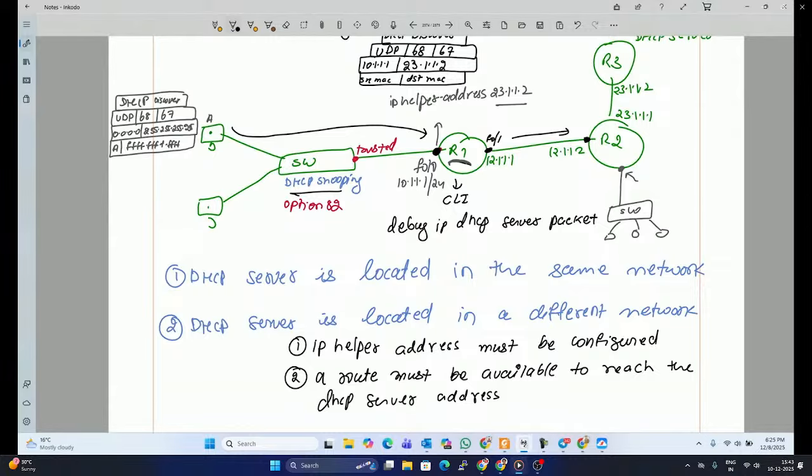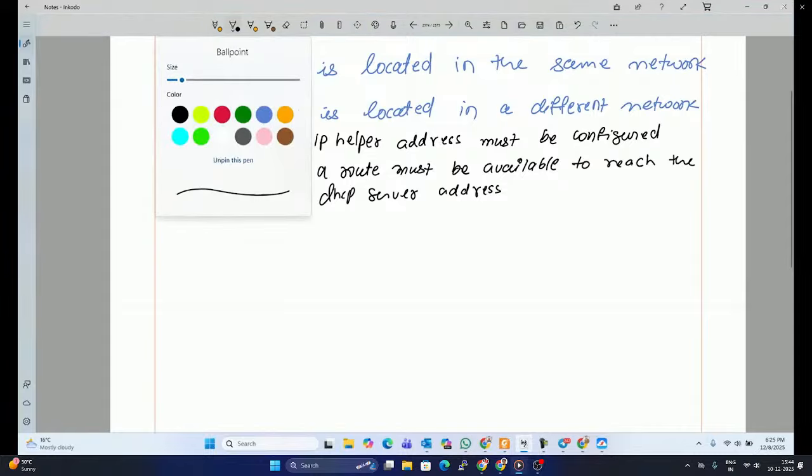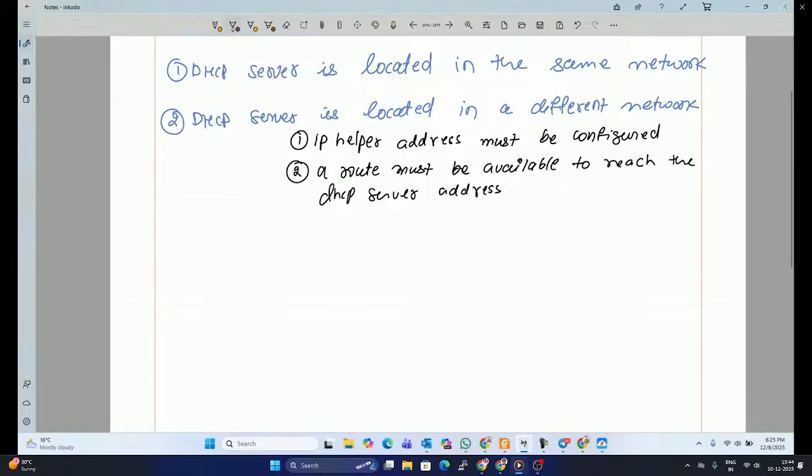Then, if you have a DHCP server, as you know, on any server, whether it is a Windows server, router, Microsoft server, or Linux server, we always create a DHCP pool, right?